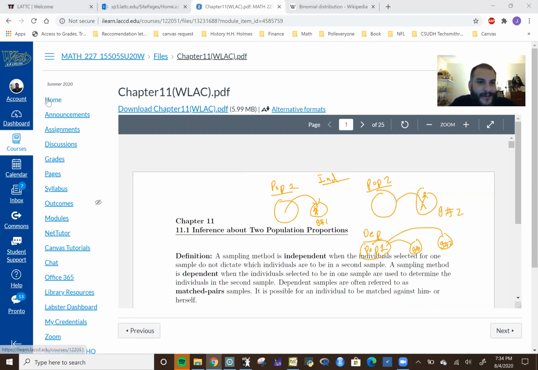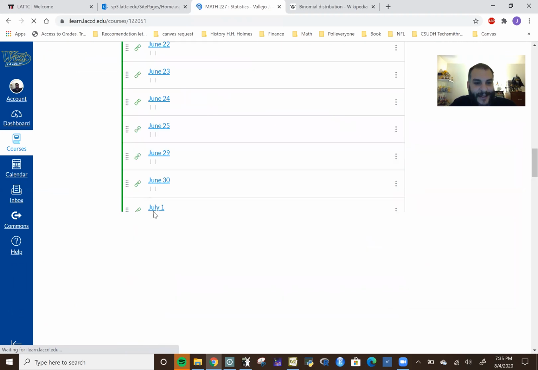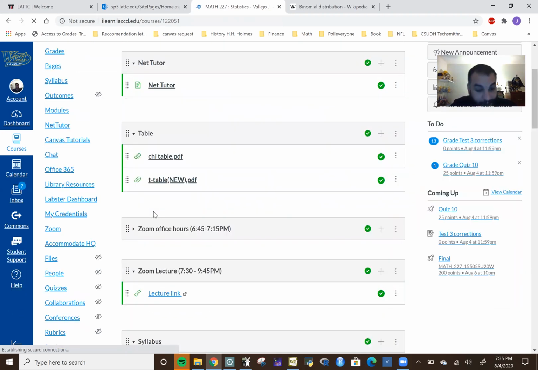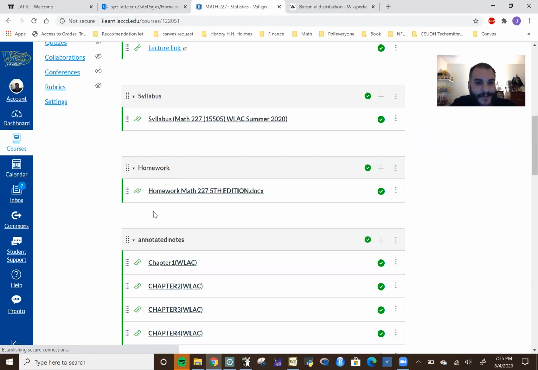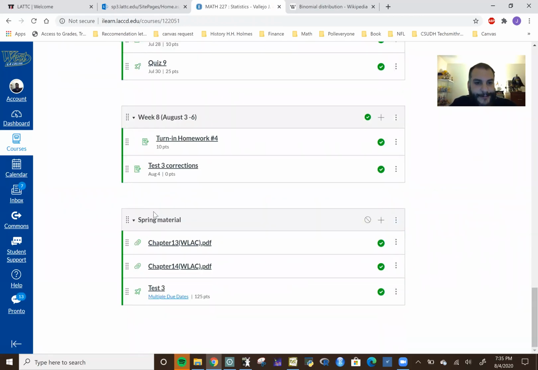Okay, yeah. So currently I put them under week 7 versus putting them in the annotated notes. Here, let me put them in the annotated notes. So that way we should be all good. All good, all good.